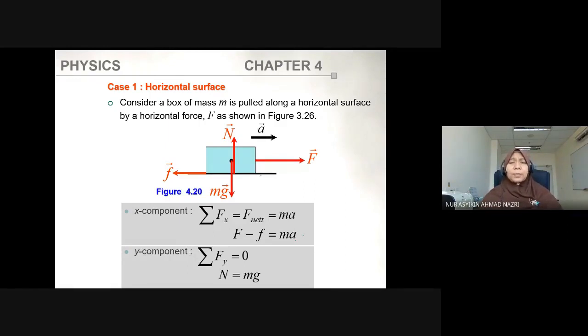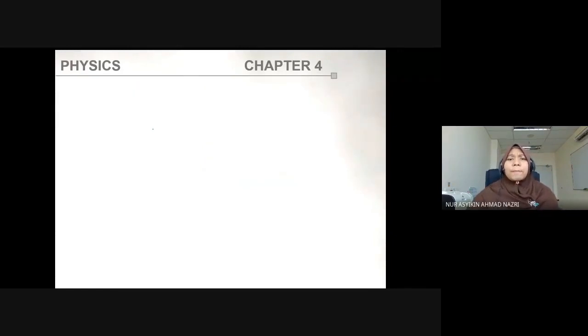Tapi depends. Kalau soalan lain tu susah, yang ni kena jadi senang, mungkin dia akan keluar yang horizontal surface saja. So walaupun senang awak kena tahu jugalah. Don't take things for granted. Kalau macam ni memang soalan bonus je lah kalau keluar horizontal surface.